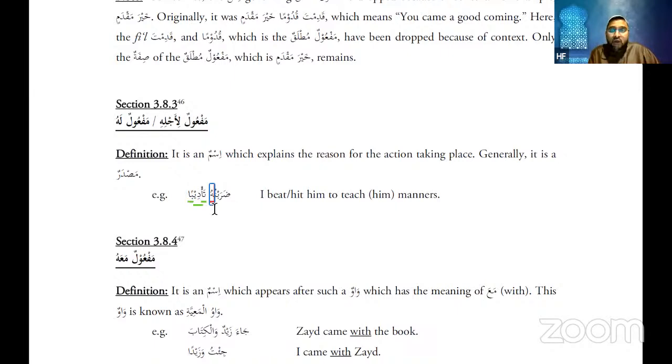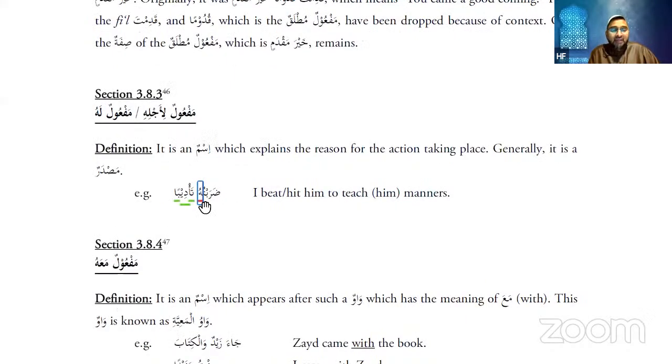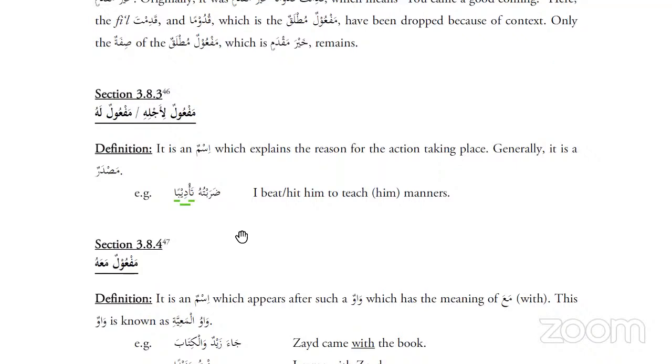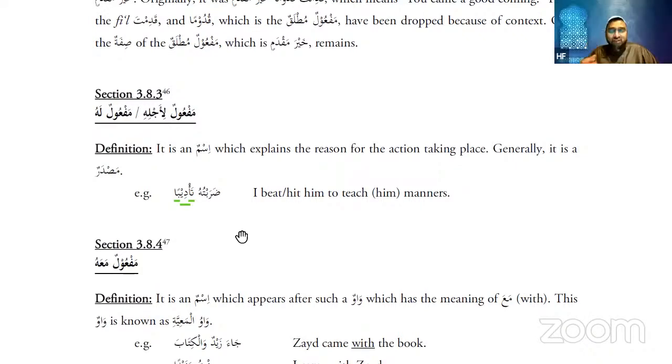Darabtuhu, the pronoun, is not getting a fatha tanween or any sign of being in the accusative case. Why, Sister Huma? Because it's a pronoun, it's a him. Exactly, pronouns are rigid, solid. They do not take the harakat, but the harakat are always hidden.